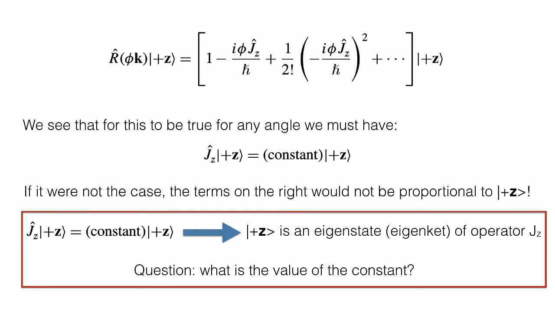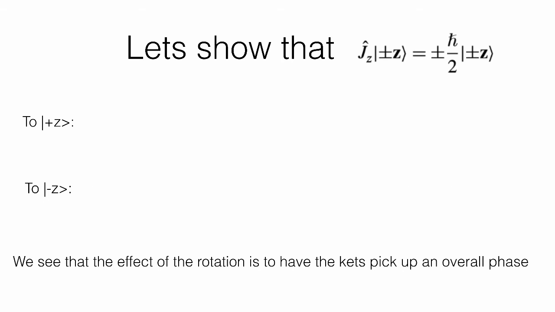Okay. Now we also know that the constant, the eigenvalue, is real since Jz is a Hermitian operator. Hermitian operators have real eigenvalues, and the obvious question we have now is what is the value of the constant? What we are going to show is that the eigenvalue corresponding to the eigenvector plus z is in fact h bar over 2.